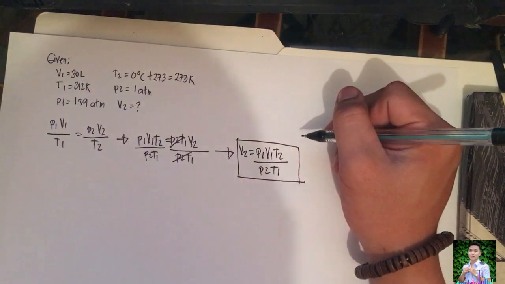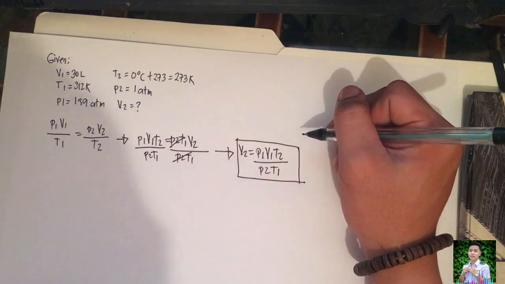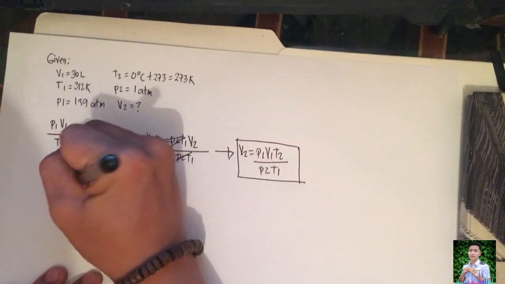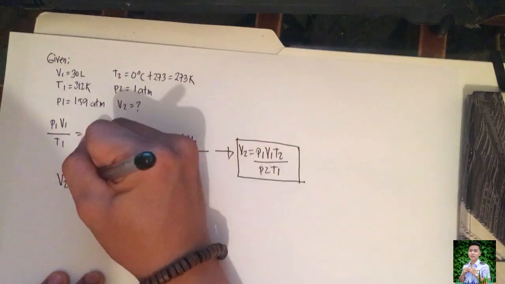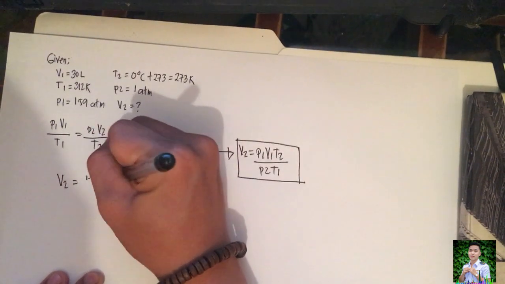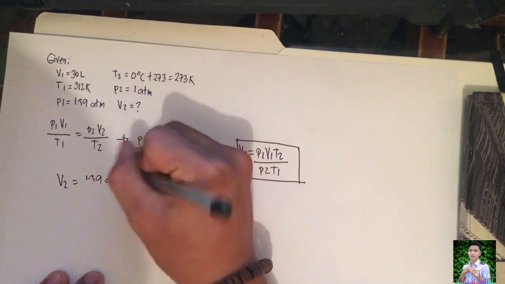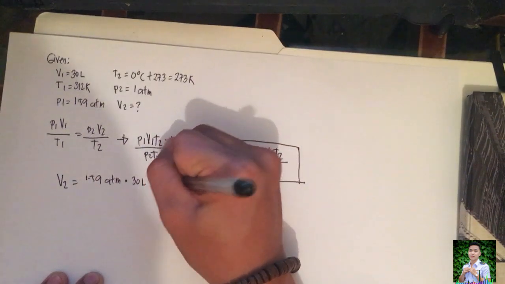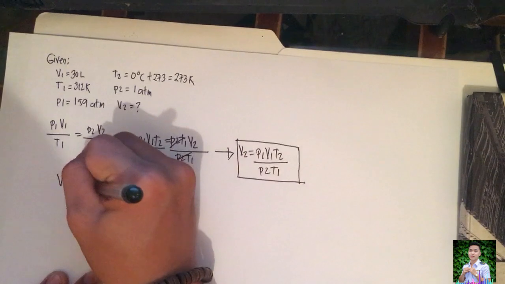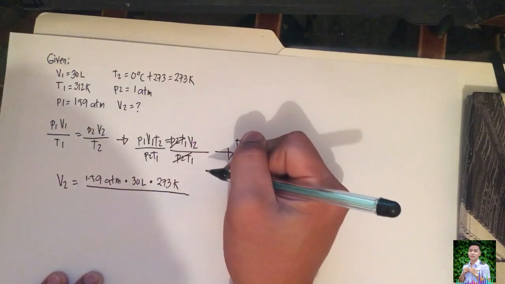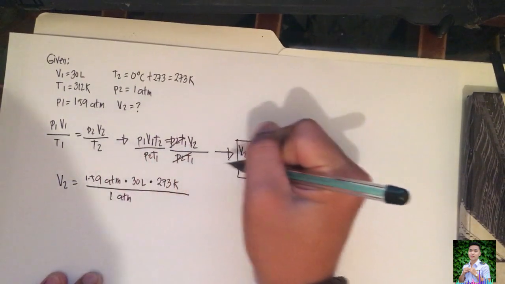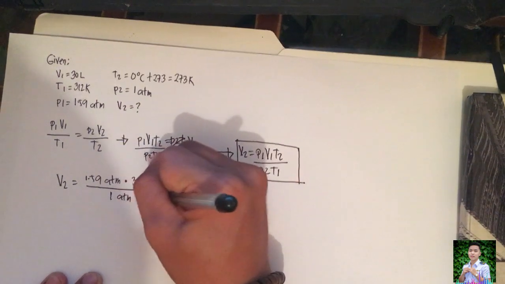Well, just a disclaimer, you can use any technique that you have. It's your own prerogative. So now, let's substitute the given data. So V2 is equal to 1.59 atm times V1, which is equal to 30 liters, times 273 Kelvin all over P2 T1. P2 is equal to 1 atm, and T1 is equal to 312 Kelvin.